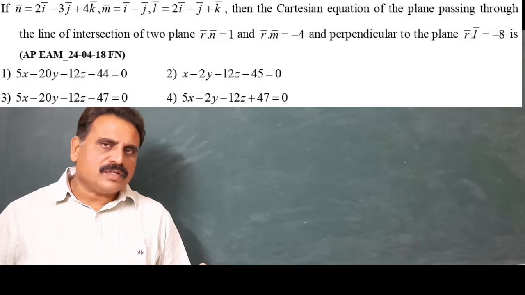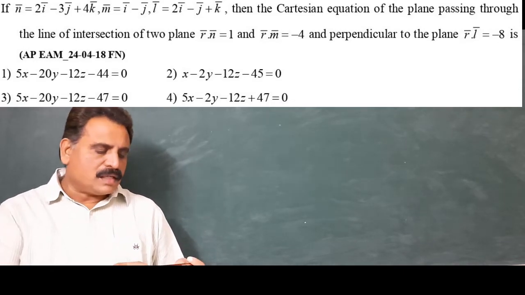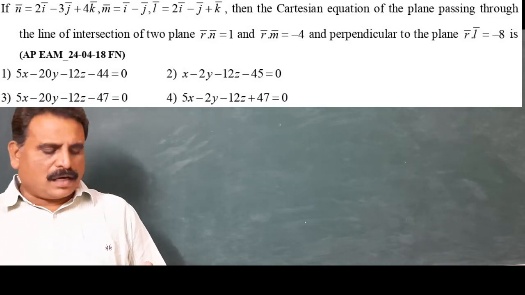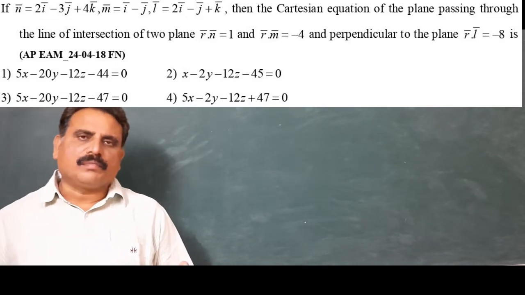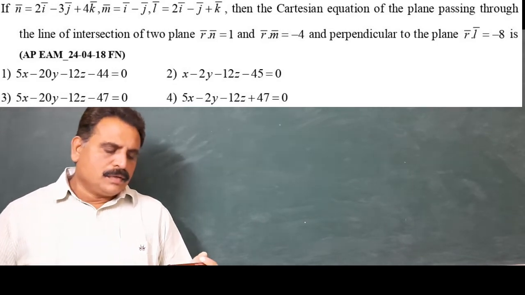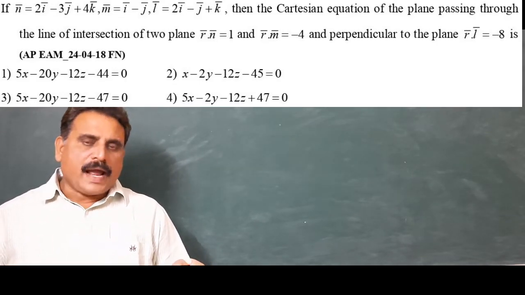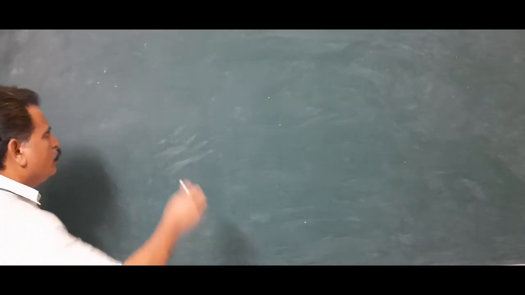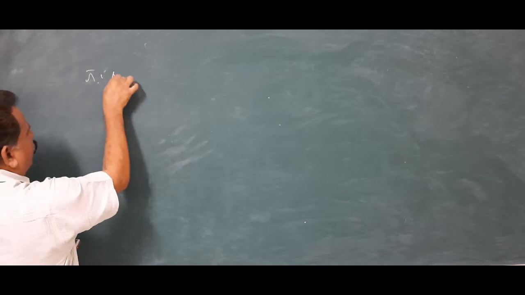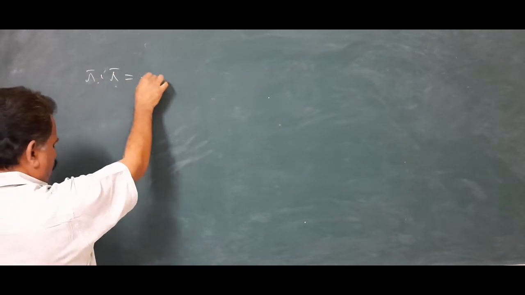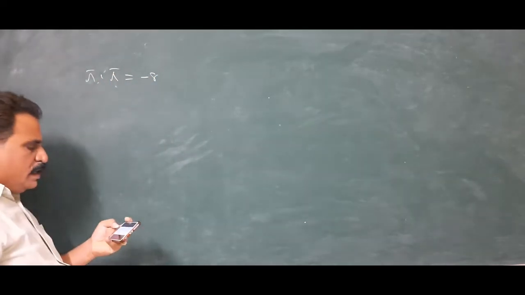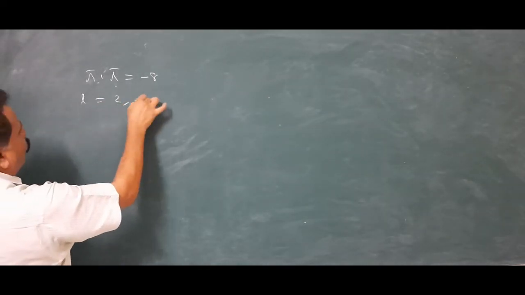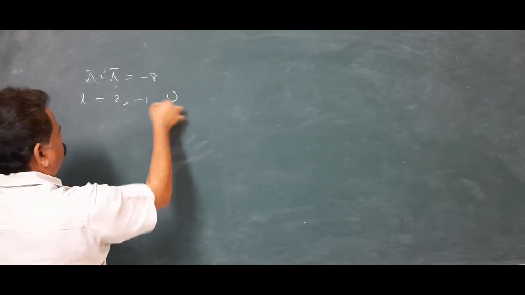Then find the Cartesian equation of the plane passing through the line of intersection of the two planes R bar dot N bar equal to 1 and R bar dot M bar equal to minus 4, and perpendicular to the plane R bar dot L bar equal to minus 8. That means L bar is 2, minus 1, 1.